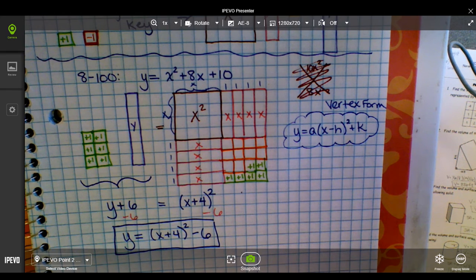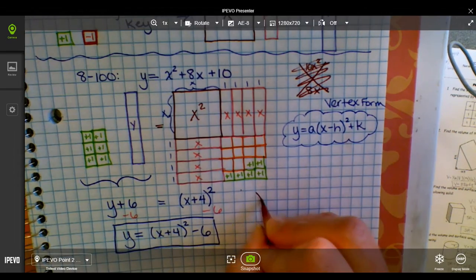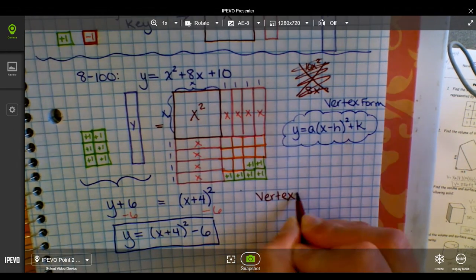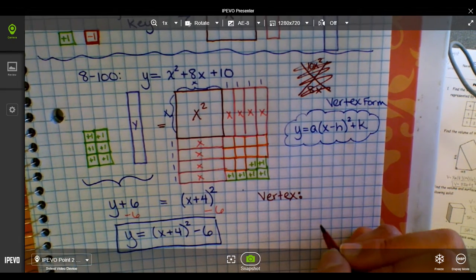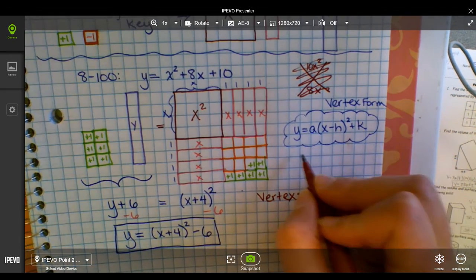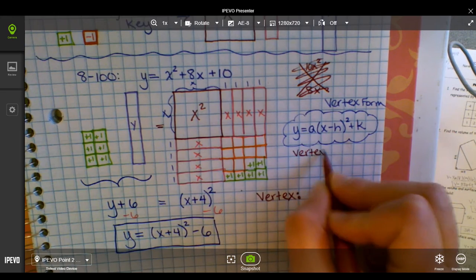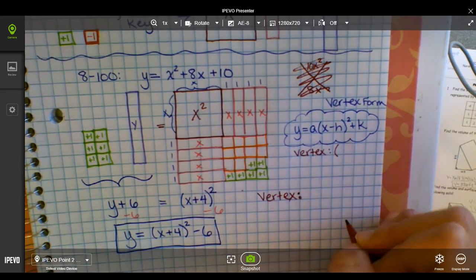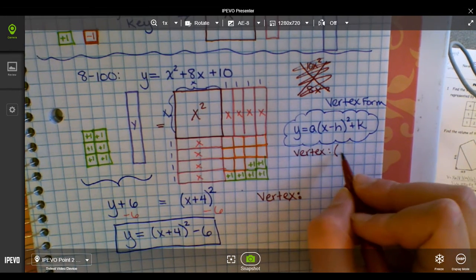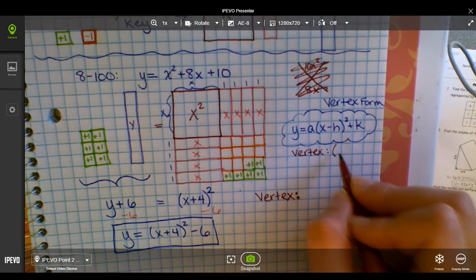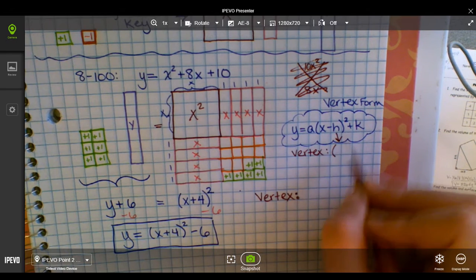Okay. So now let's answer a couple of questions. If this is my vertex form, what is going to be my vertex? Who remembers that from over a week ago? So your vertex is always what in vertex form? What are you actually pulling out of these guys? Well, not necessarily that. I want h and k.